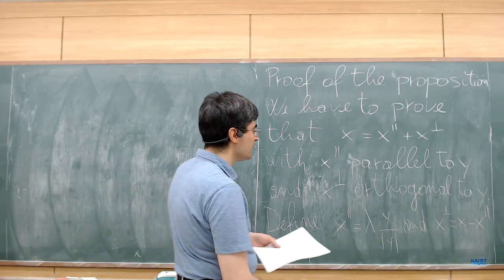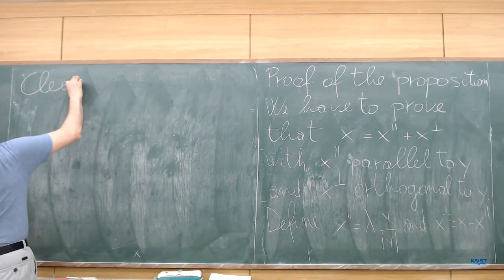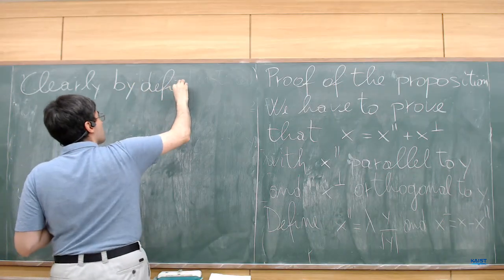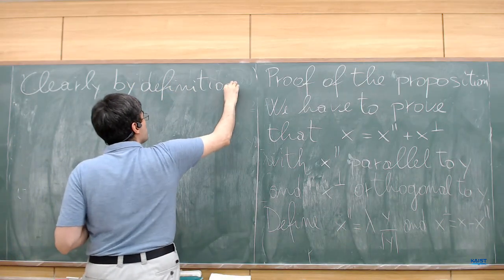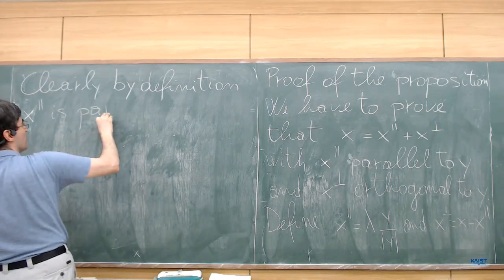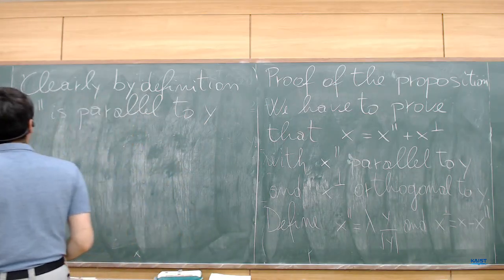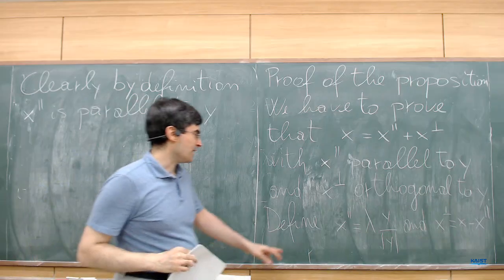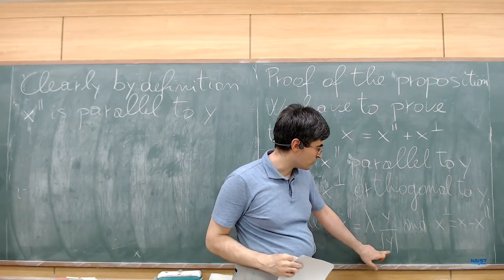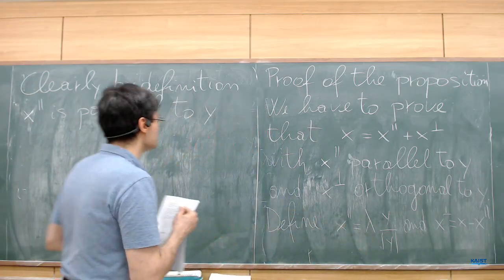Okay, clearly by this definition, x parallel is parallel to y. Why? Because x parallel is a vector given by a number lambda over length of y times y. So x parallel and y are parallel.